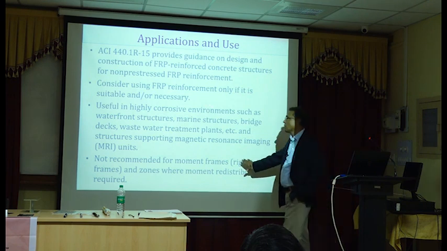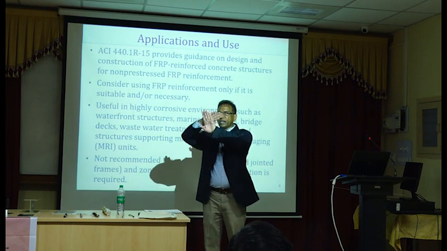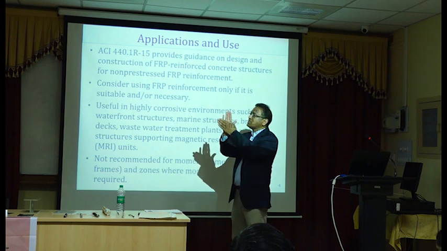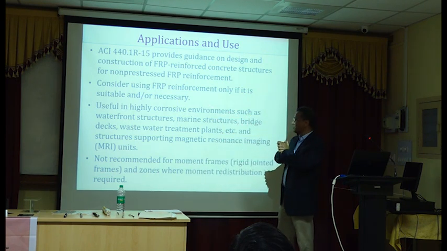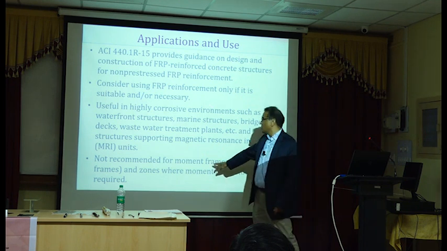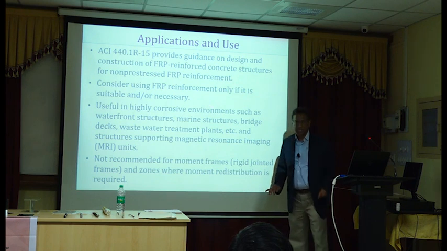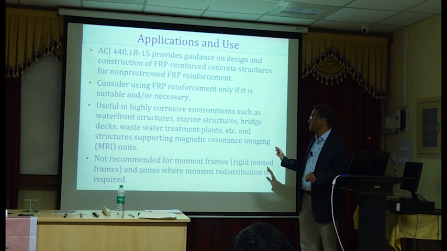For example, in moment resisting frames, so rigid jointed frames, right? In your building frames, which will have rigid joints, that means the rigidity of the joint will help you carry the lateral loads. And your FRP reinforcement should not be used in the rigid jointed frames. Okay, it's not recommended.